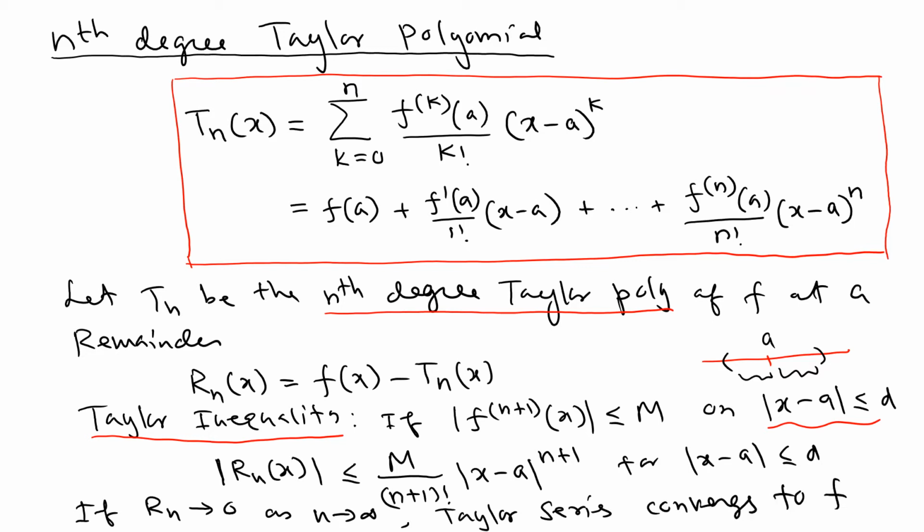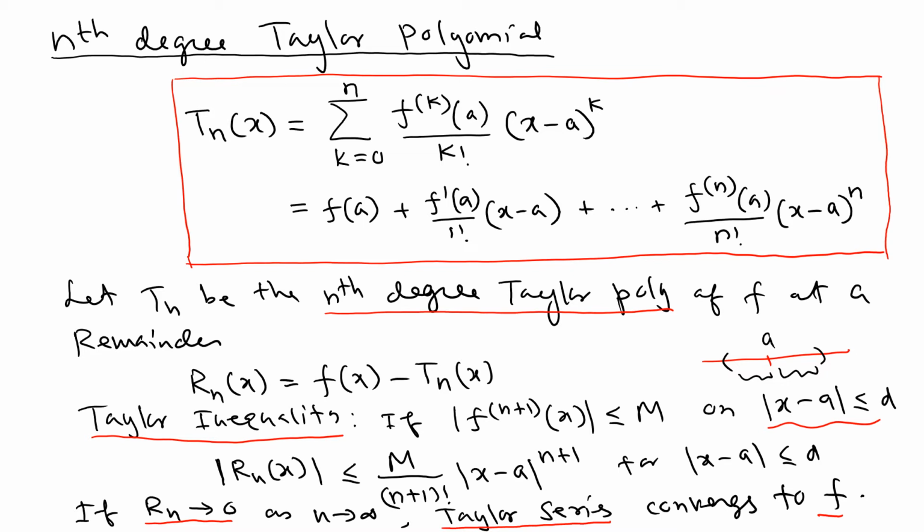That's very, very important, because we know there's a series, but we don't know whether it's going to converge to f. But it says that if the remainder term goes to zero when n goes to infinity, then the Taylor series converges to f. Okay, and that's it. Those are all the theories.